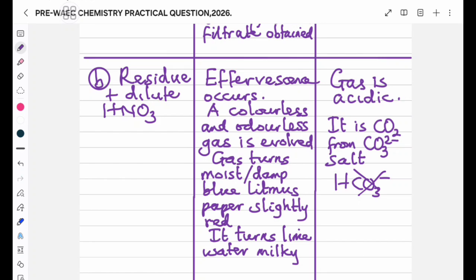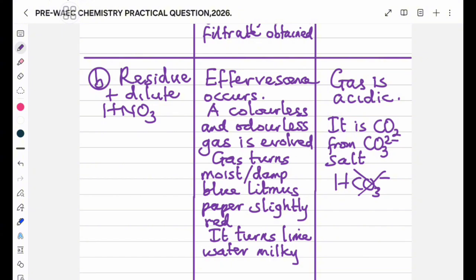But because the C does not dissolve, it means the inorganic salt present in that C is not a soluble salt, and that means it can't be a hydrogen carbonate salt, because from the solubility test of salts we are made to know that all hydrogen carbonate salts are soluble in water.